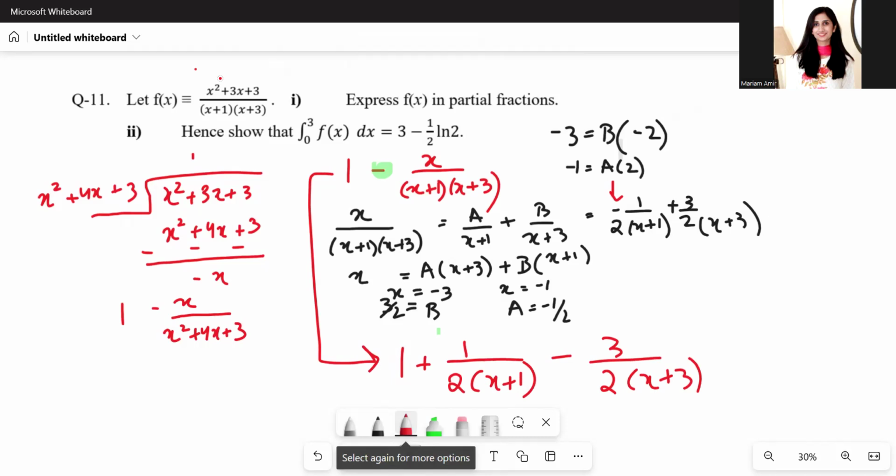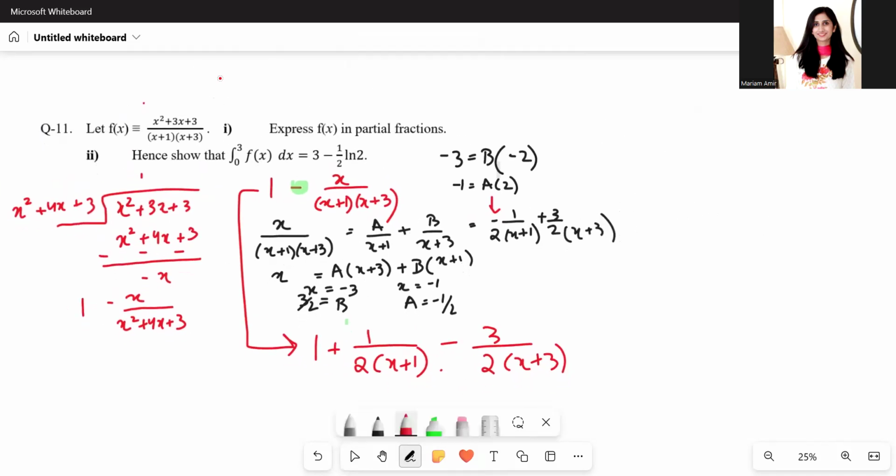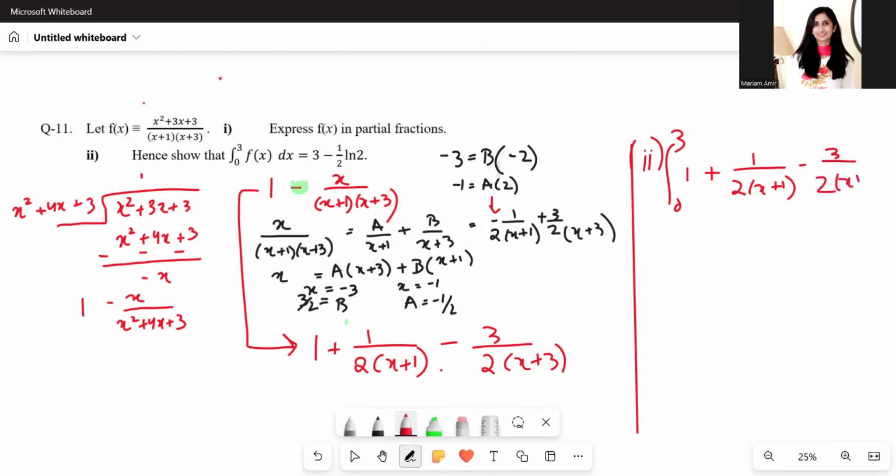Now we are ready to integrate this within the limits 0 to 3 for part 2. So for part 2, we're going to integrate 1 plus 1 upon 2(x plus 1) minus 3 upon 2(x plus 3).